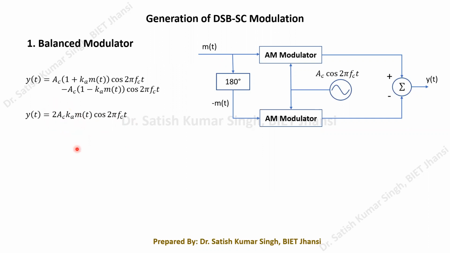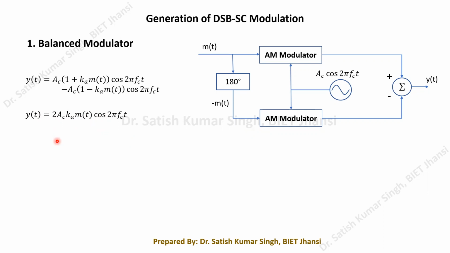So ultimately we can write this equation as y(t) equals Ac' m(t) cos 2 pi fc t. These factors don't matter. The thing is that we have to multiply the carrier with the message signal. So we can write this as Ac' m(t) cos 2 pi fc t, which is in the form of a DSB-SC signal.